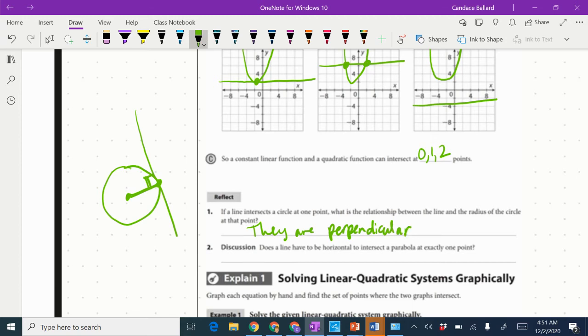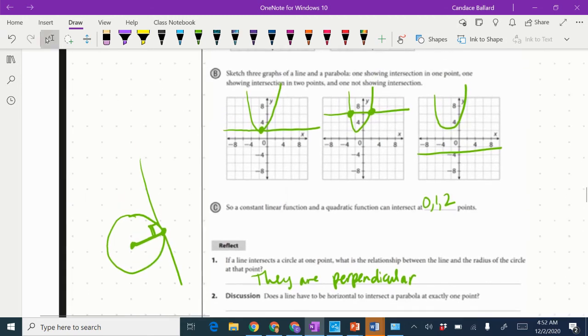And then the discussion, does a line have to be horizontal to intersect a parabola at exactly one point? So let's go back up here to our pictures and let's see if I can draw another parabola and see if I can get it to intersect at exactly one point. So I could draw it like this. I could draw a vertical line, so it does not necessarily have to be horizontal like that to intersect.